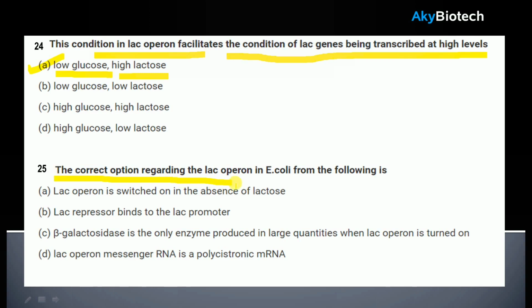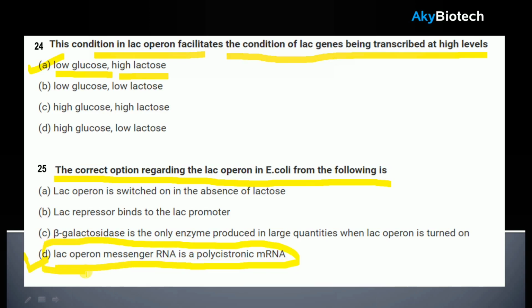The correct option regarding the Lac Operon in E. coli from the following is that the Lac Operon messenger RNA is a polycistronic mRNA. This one is the correct one.